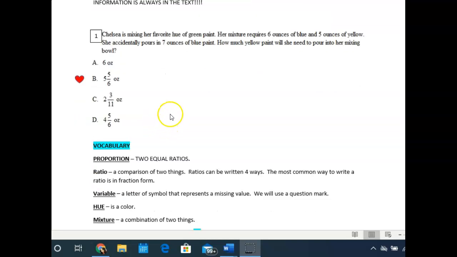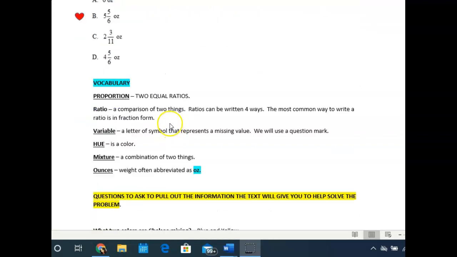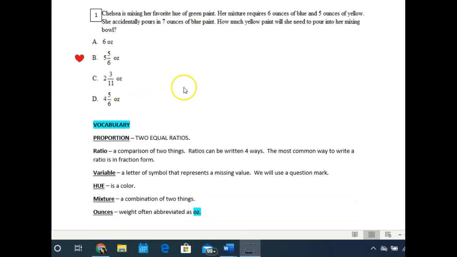So let's get into some vocabulary that's very important before we get into this. The word proportion. So we'll be setting up proportions for each of these 5 examples. And when we set up those proportions, we need to know that proportions are 2 equal ratios. A ratio is a comparison of 2 things. In this case, we're comparing blue and yellow colors of paint.